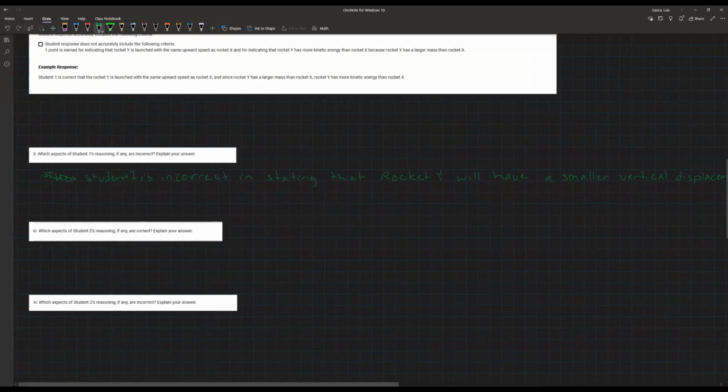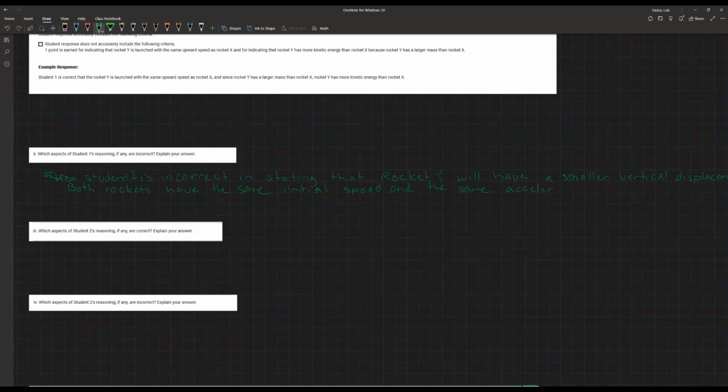Well, if we look at it, both rockets have the same initial speed, and the same acceleration.